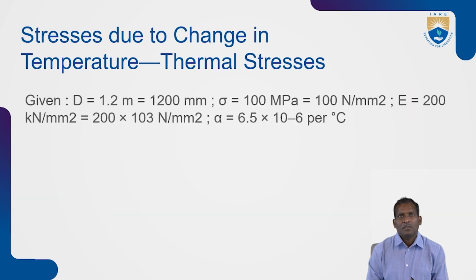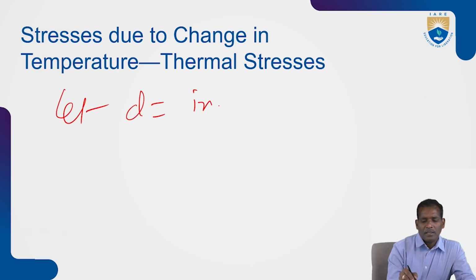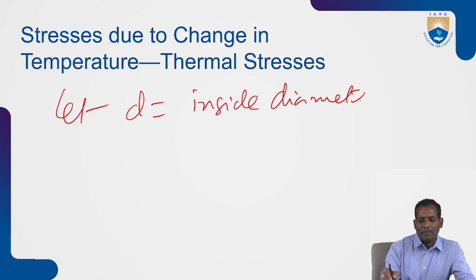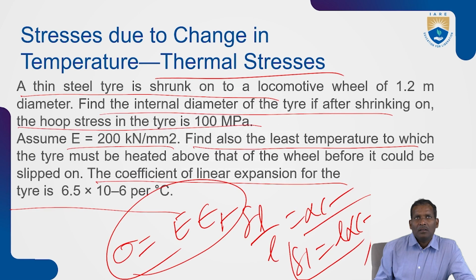So first, let small d be the inside diameter. So here, the steel tire is shrunk onto a locomotive wheel of bigger diameter, capital D given, and after shrinking the hoop stress is also given, that is 100 megapascal.